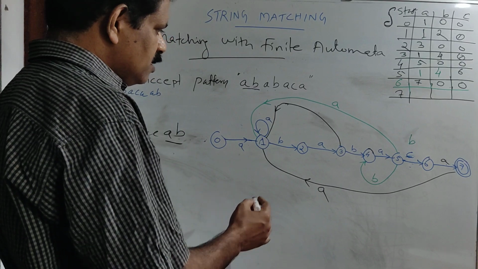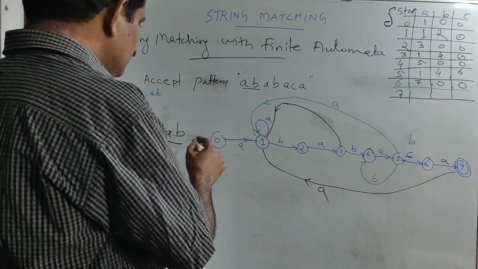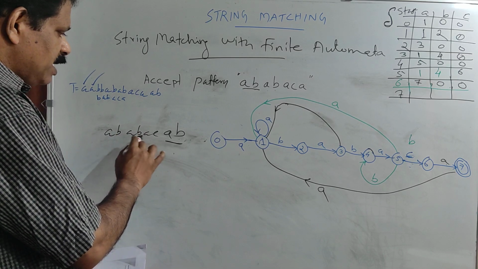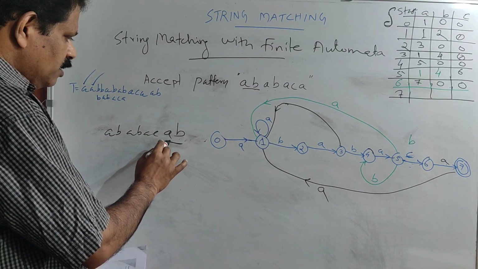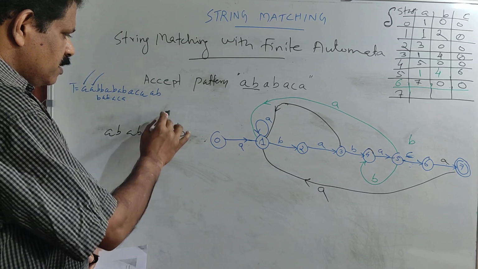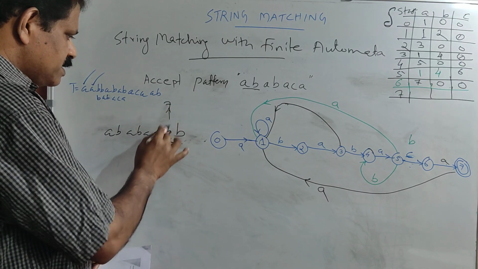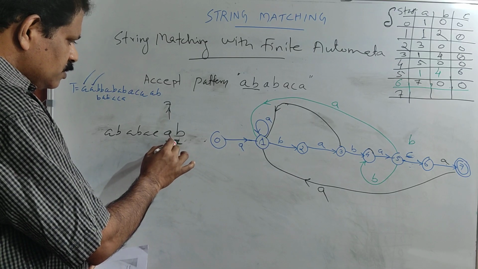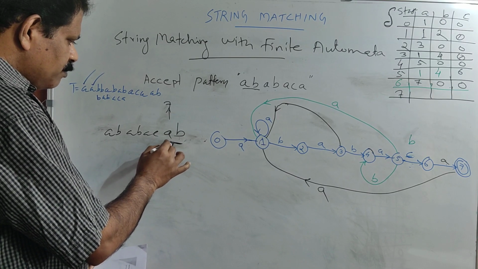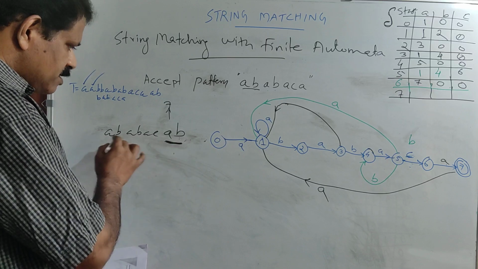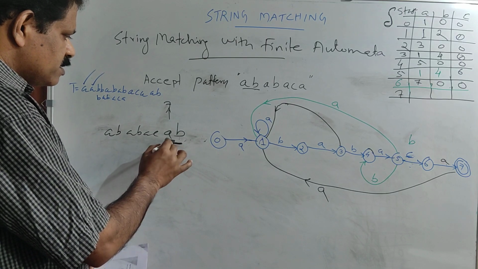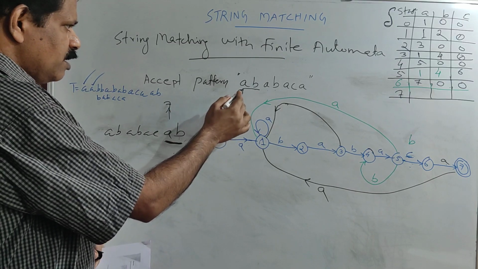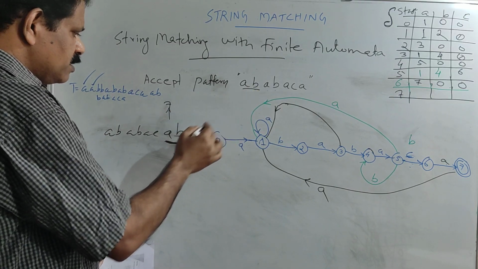After receiving ABABACA once, you are at stage 7 and the next character in the text is B. You club it with the previous characters of the text and check whether it matches the beginning of the pattern.